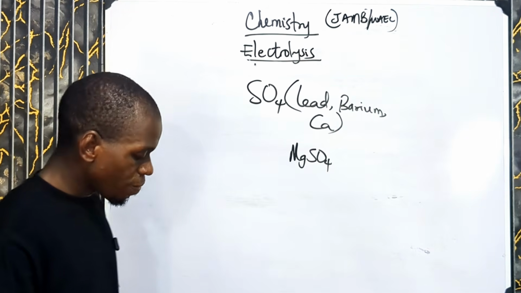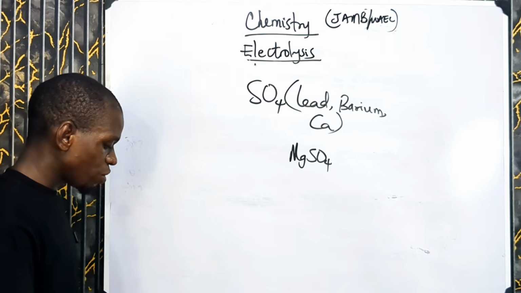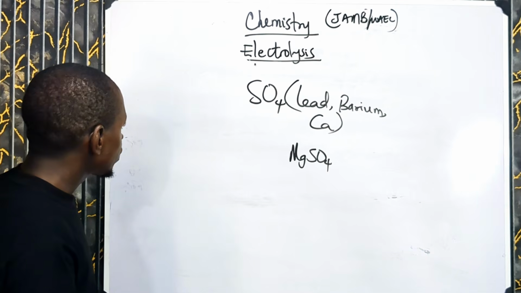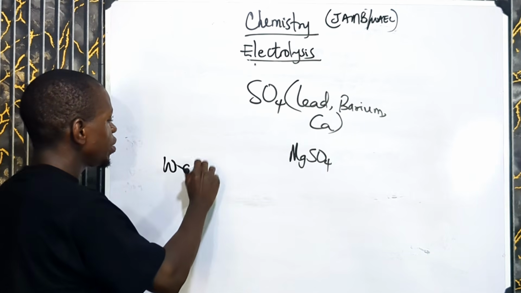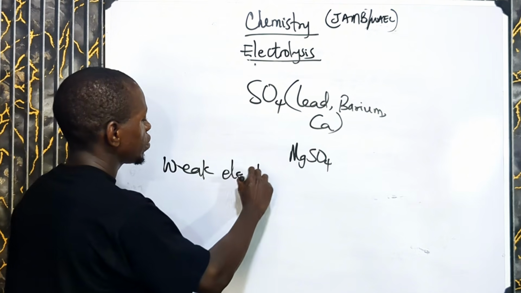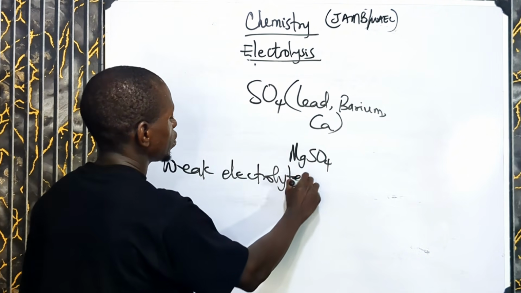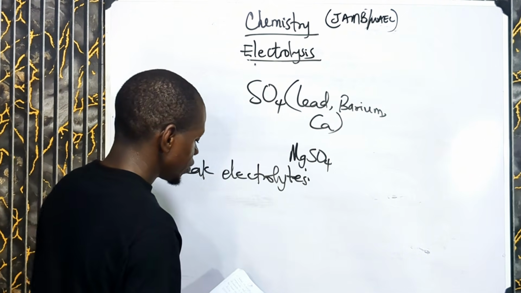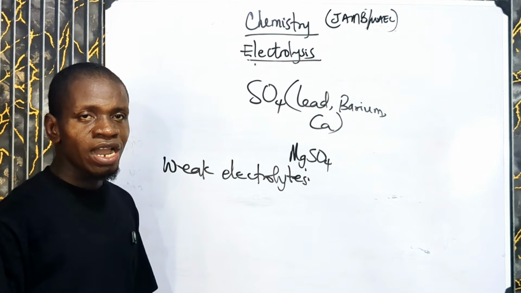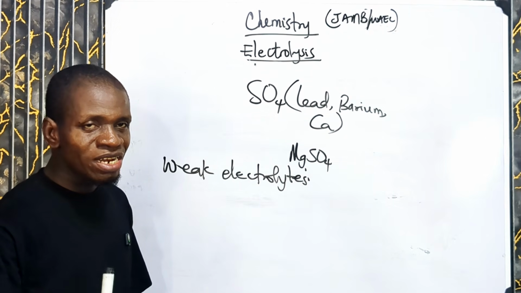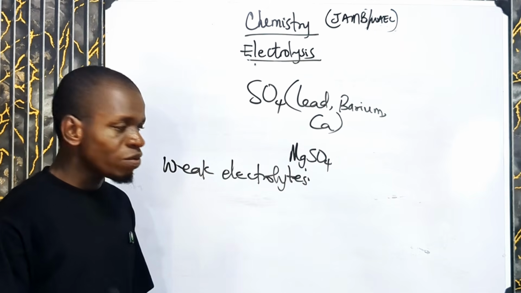Okay, now let me talk about what we call the weak electrolytes. Now, what are the weak electrolytes? These ones ionize partially in water. They dissociate partially in water.